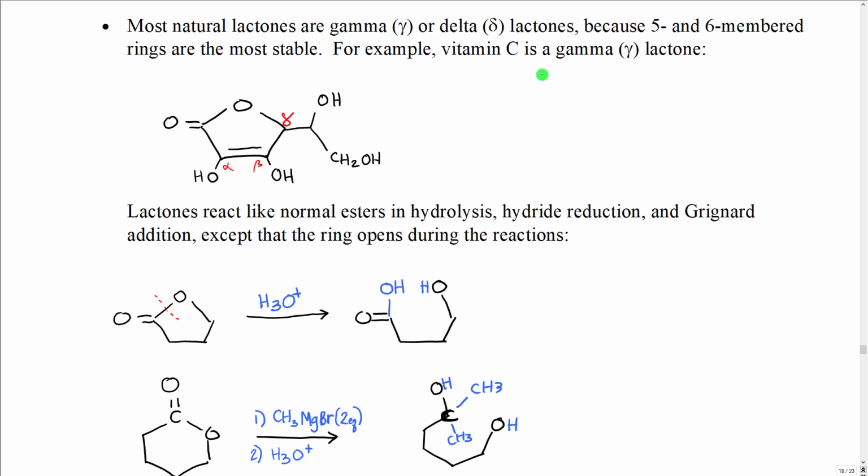An example of a naturally occurring lactone is vitamin C. This is the structure of vitamin C. You can see that we have a carbonyl on this end. We go oxygen, we go to a carbon here, and that carbon would be alpha, beta, gamma related to the carbonyl. So this is a gamma lactone.